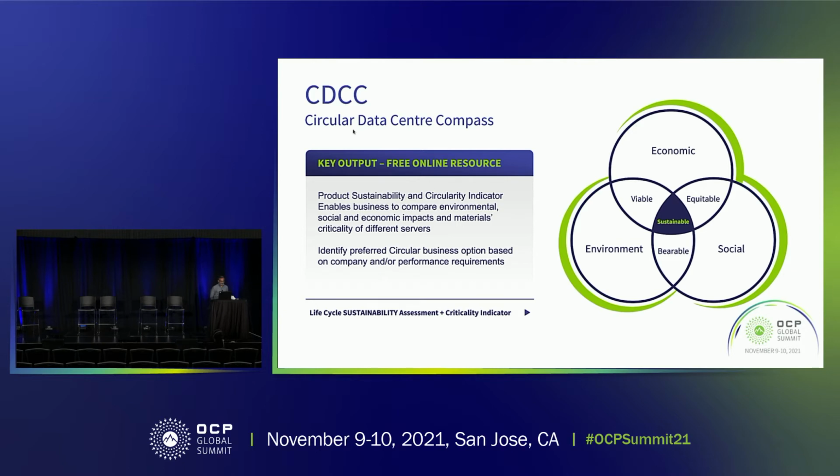And it allows businesses to compare environmental, social, and economic impacts and materials criticality of different servers. What we want to do through the tool is to help businesses to make really informed decisions about their choice of products according to their company requirements and performance. Next slide, please.